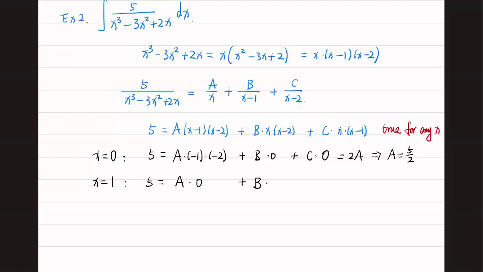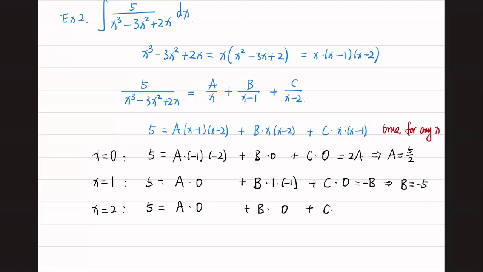Next to 1, negative 1, next to 1, this is 0. So we find B. Sakina, give me a third value. X equals 2 gives 5. Again, this is 0. 2, this is 0. C, this will be 2, 1.